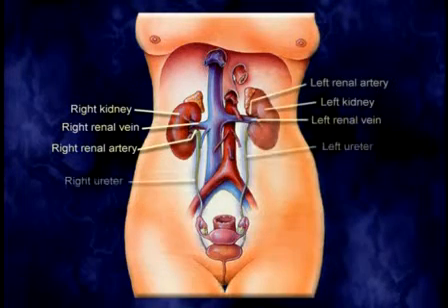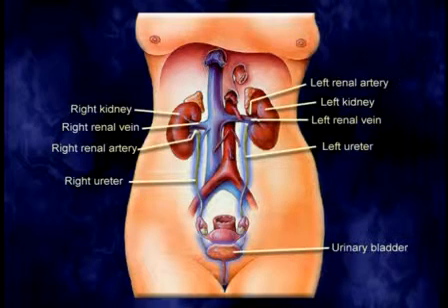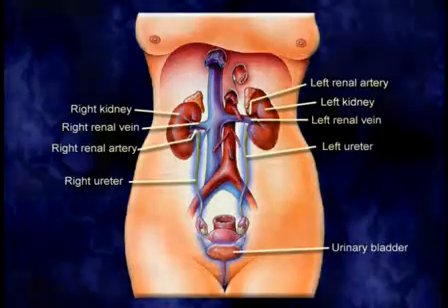Coming from the kidney is the ureter, and the ureter travels down the abdomen through the pelvis and into the bladder. Here it's obscured a little bit by the ovary, but it goes behind the ovaries, down low into the pelvis, and into the urinary bladder. It is an entirely retroperitoneal organ.